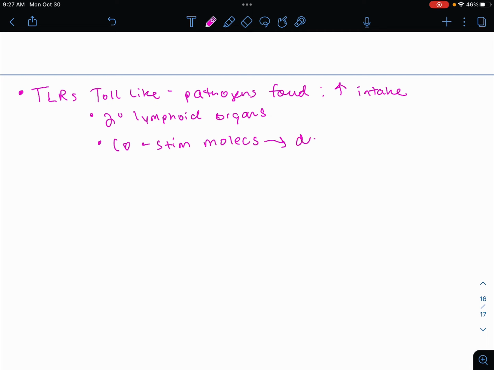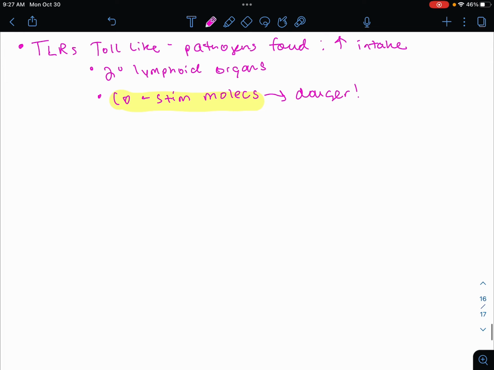And these mean danger. And then this is going to present antigens. The TLRs are going to present the antigens by both MHC1 and 2. So endogenous and exogenous antigens, and then this is going to activate both TC and TH.